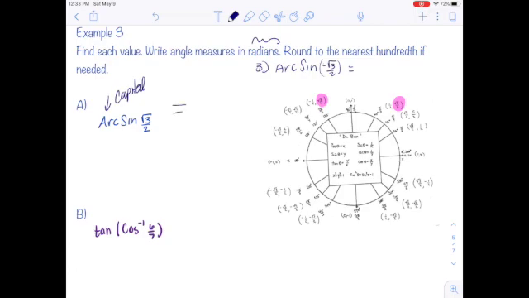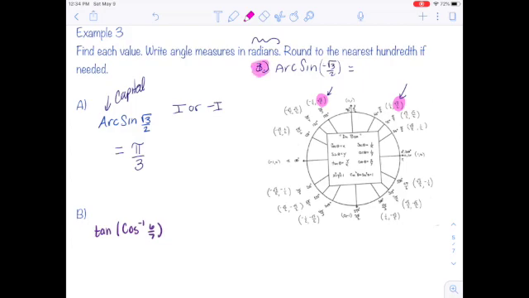And the domain restriction for your sine is the first quadrant or negative first quadrant. Agreed? So because 2 pi over 3 here is in my second quadrant, it doesn't lie within that domain restriction. So I'm going to pick the angle of pi over 3 as my answer.